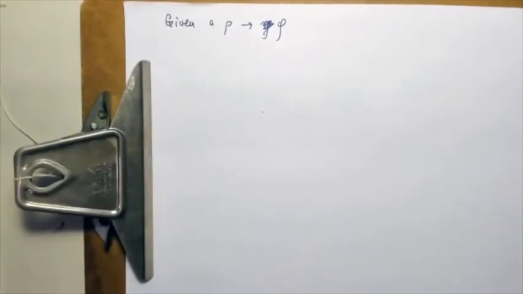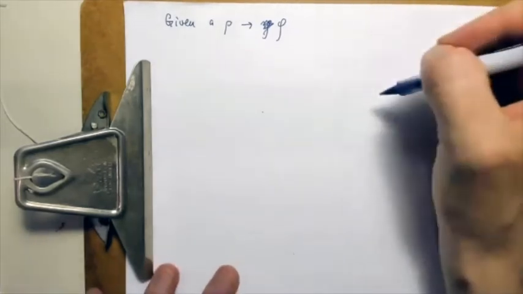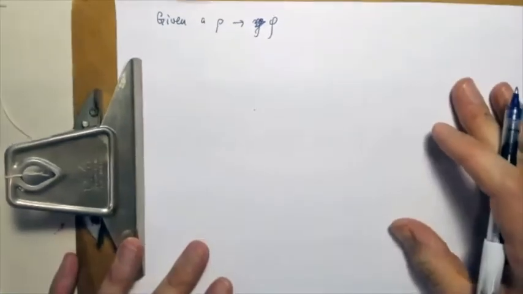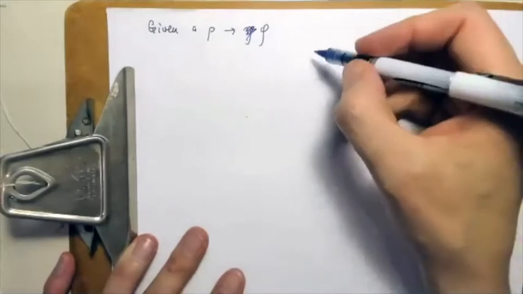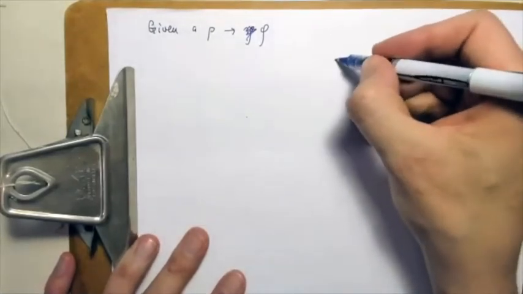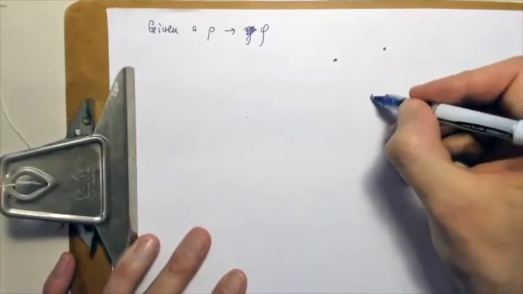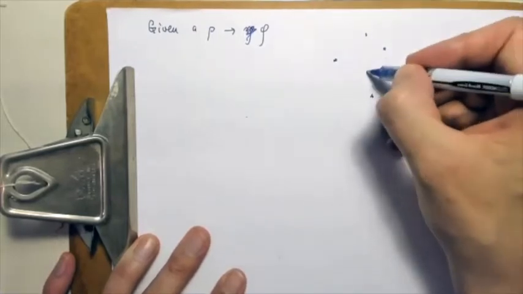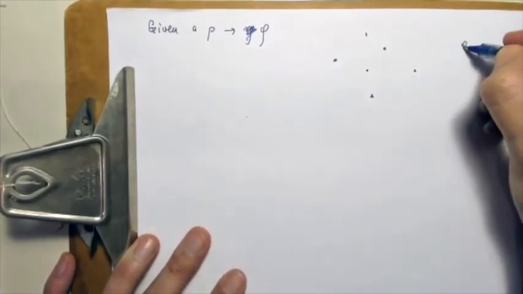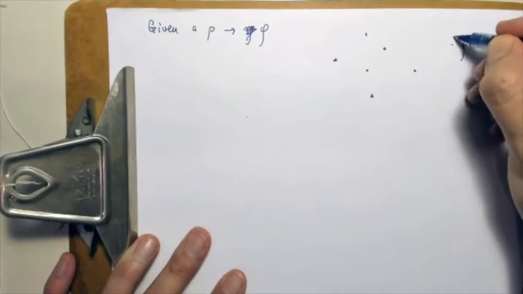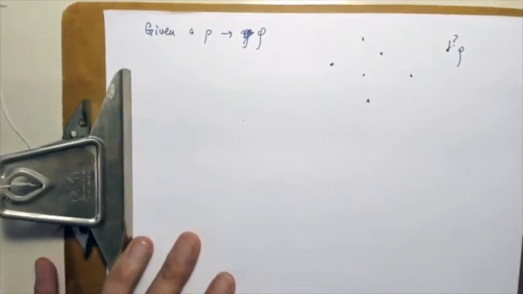Now, let's first try to determine our strategy. So let's say we have some kind of a configuration of dots, and we want to know our phi here. How do we get it?